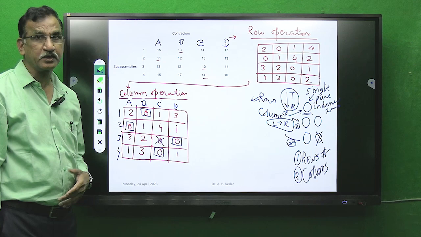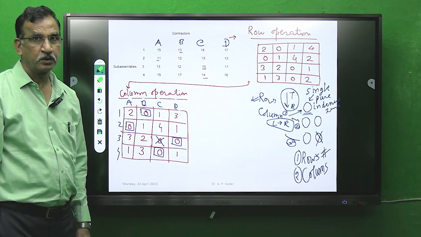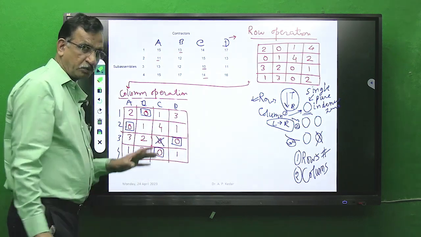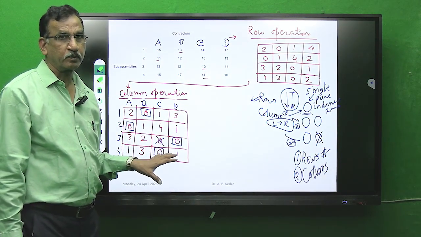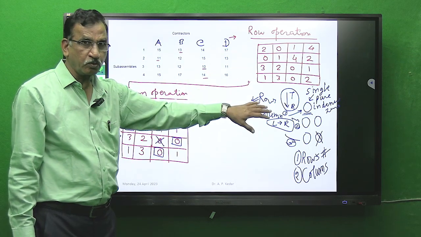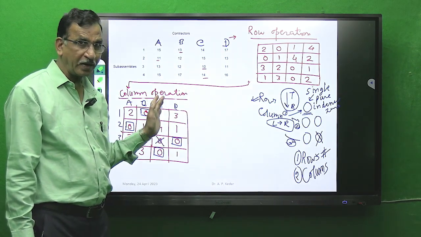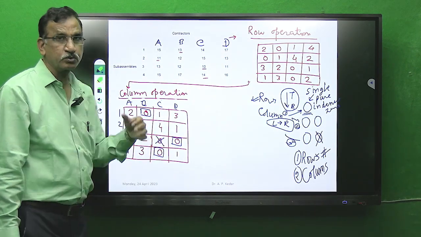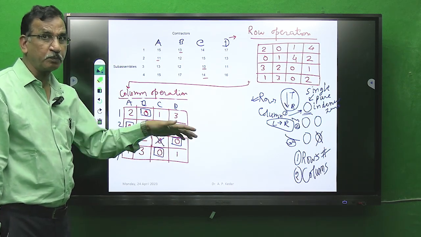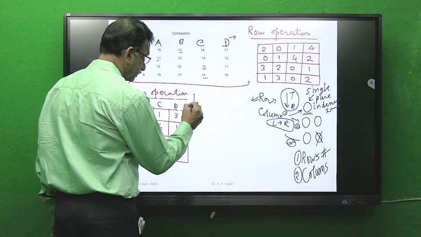And how to interpret the answer? That is very important. Now this being the very first problem, for explaining all steps, I have explained how to perform row operation, how to perform column operation, and how to find the solution. If we arrived at this point, how to interpret it is as follows.